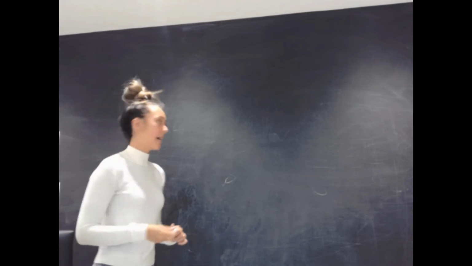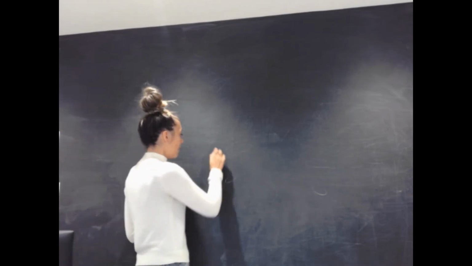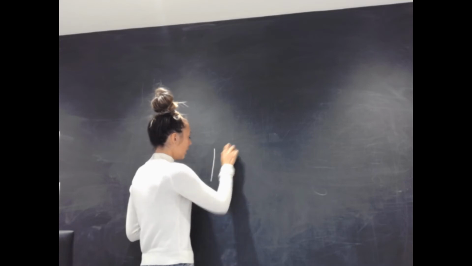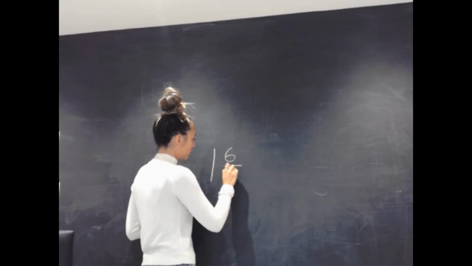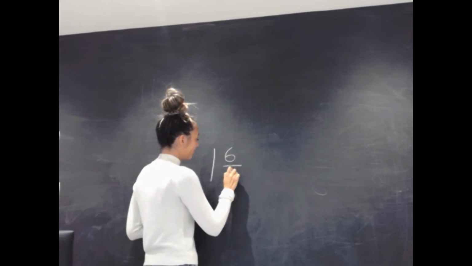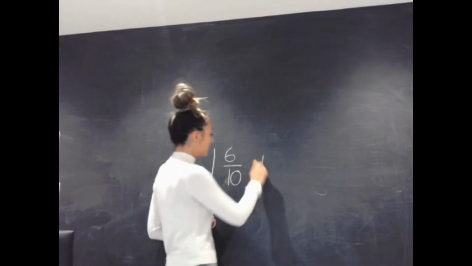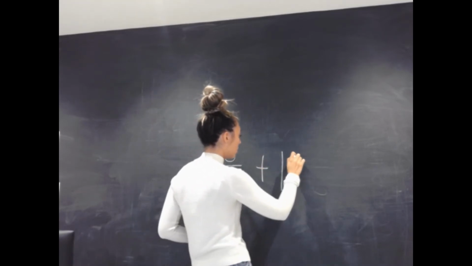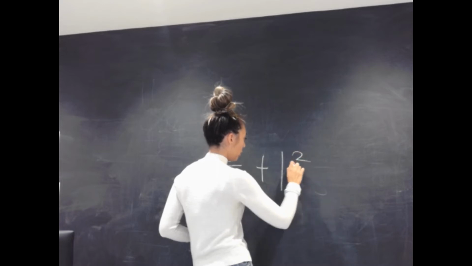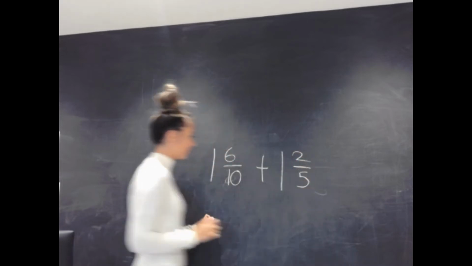Now the next thing that people struggled with was adding on mixed numbers to this. So for example, if I had 1 and 6 tenths, add 1 and 2 fifths.